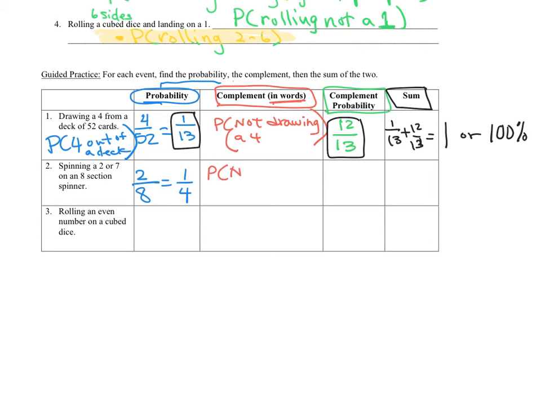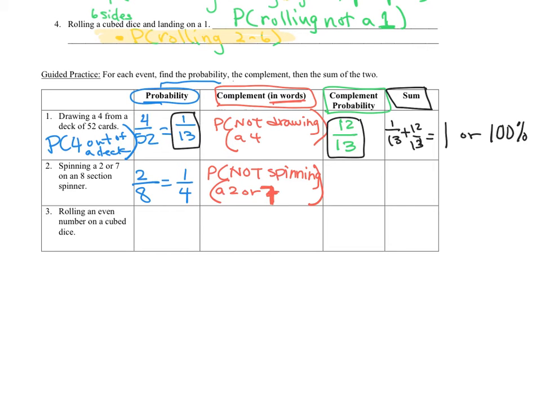the probability of not spinning a 2 or 7.